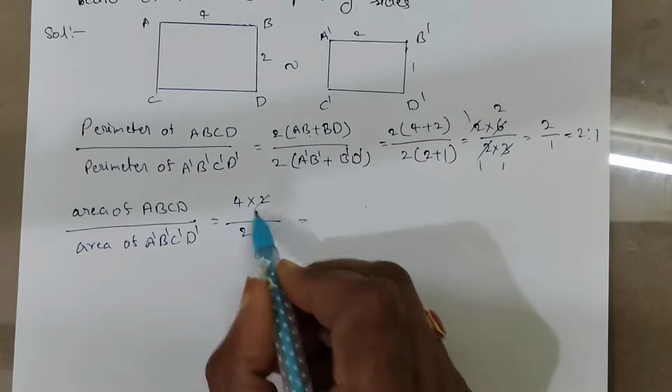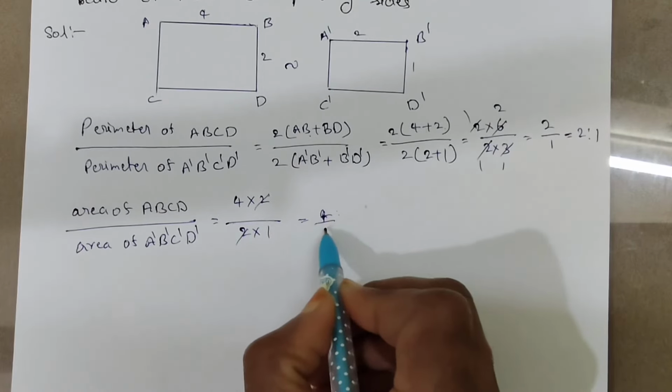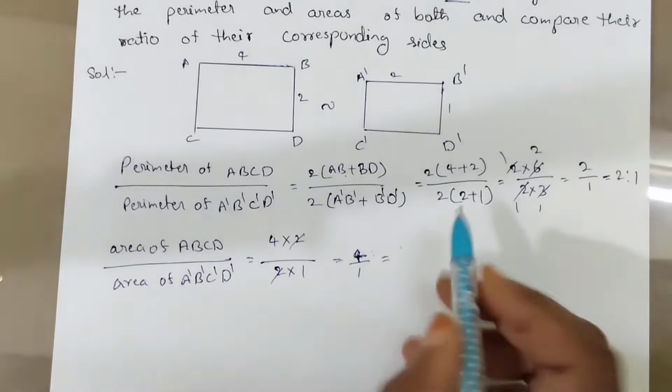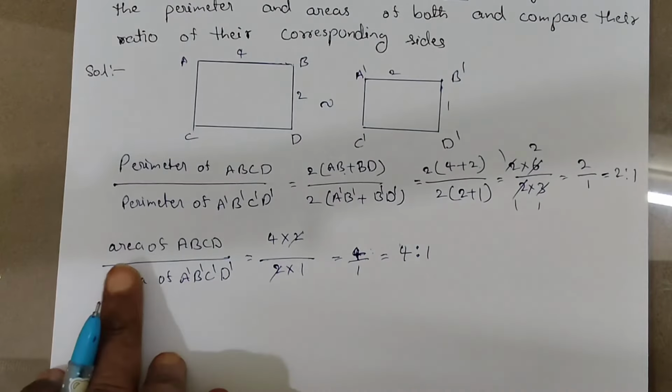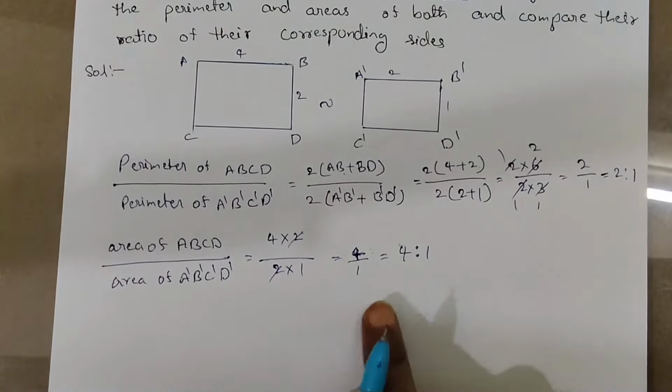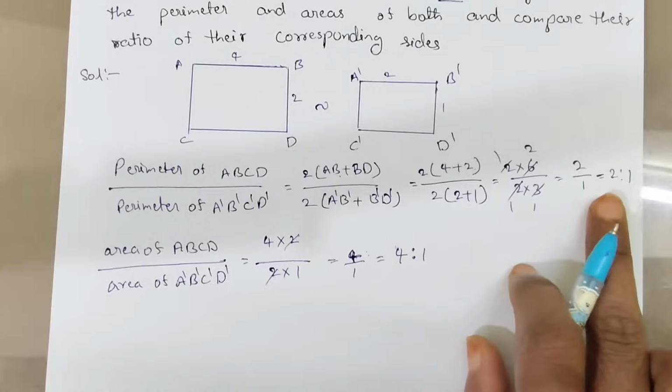The 2s get cancelled, so 4 by 1. We write the ratio form: 4 is to 1. This is the ratio of the areas of these two rectangles. Area is 4 is to 1. Perimeter is 2 is to 1.